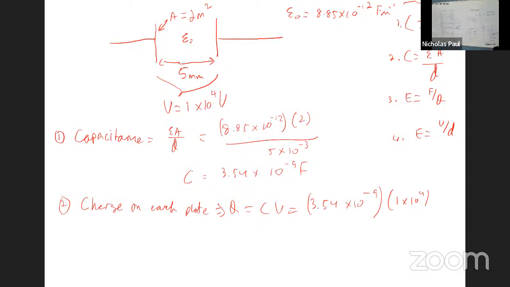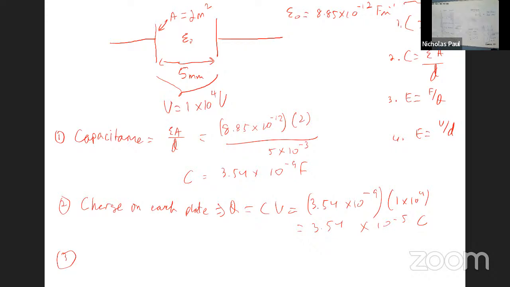Work it out again. So you'll get 3.54 by 10 to the minus 5.